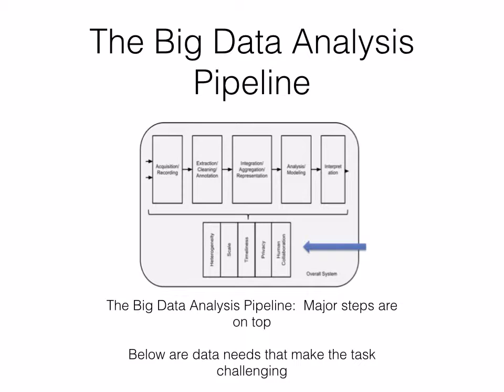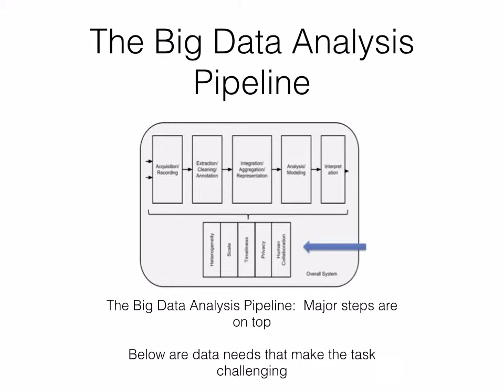So let's move on to the next slide and talk about the big data analysis pipeline. There's a lot of things that go into being able to do these types of analytics. The major steps are on top, and the steps on the bottom are the data needs that make the task challenging. I know they might be a little bit difficult to see, but it comes down to recording the data, cleaning it, integrating or aggregating it, and then analyzing and modeling that data.